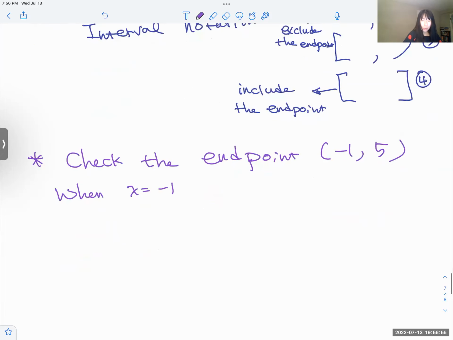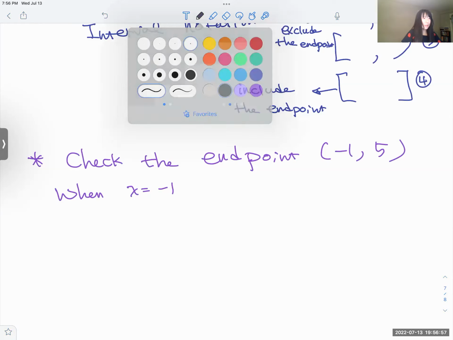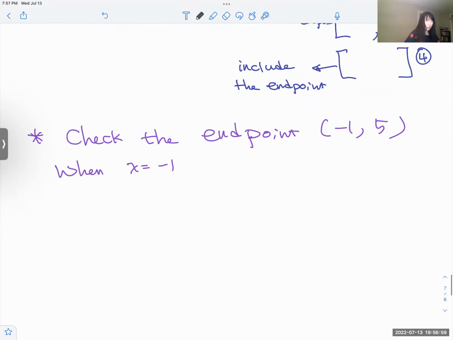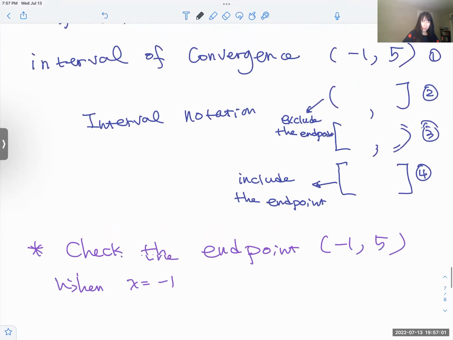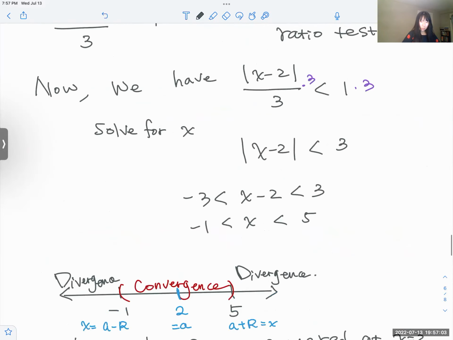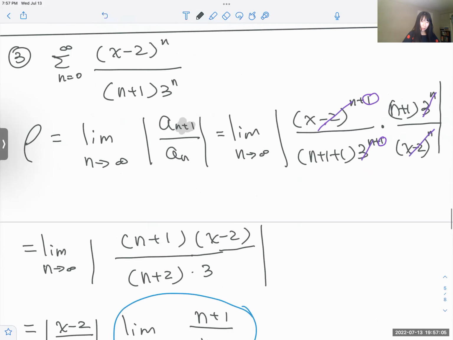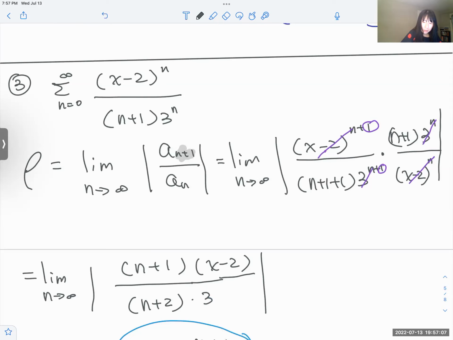All right, so we have, when x equals -1, the original series.